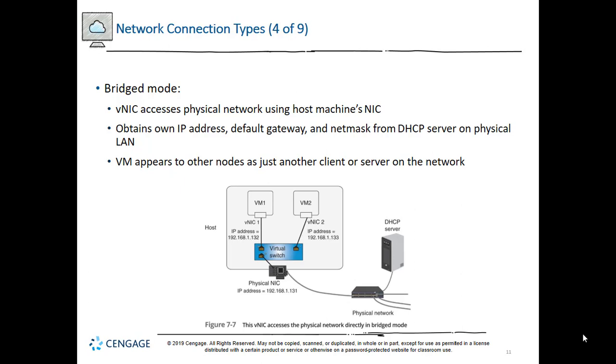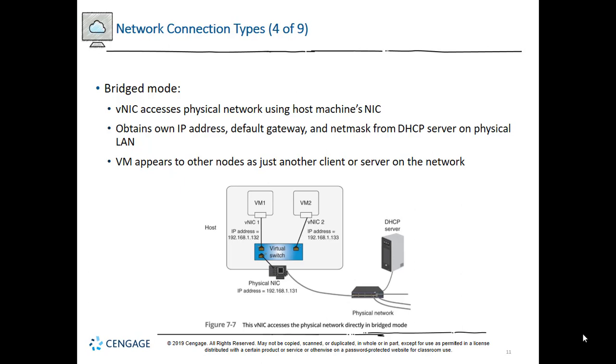Although a bridged VNIC communicates through the host's adapter, it obtains its own IP address, its own default gateway and subnet mask from a DHCP server on the physical LAN. So, for example, suppose your DHCP server is configured to assign a range of 192.168.1.120 through 254 to nodes on your LAN.